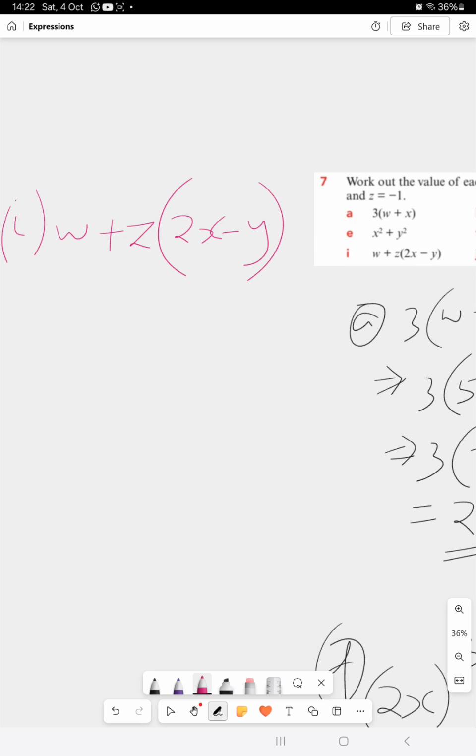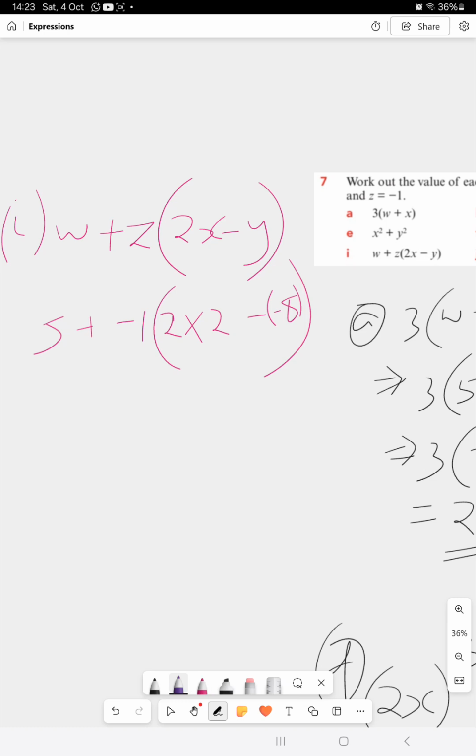Very good. Again, we solve this one. W is 5 plus z is negative 1 into 2 multiplied by x. X is 2, then minus y is negative 8. Please take note of these signs, they are very important.